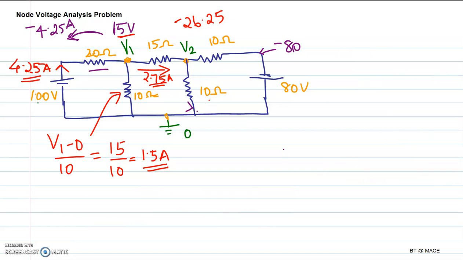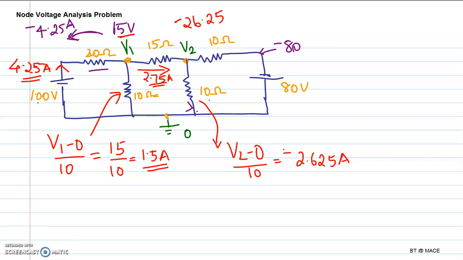Now we need to find the current through this 10 ohm resistance. So it is v2 minus 0 divided by 10. So it is minus 2.625 ampere. When it is v2 minus 0, it is moving out from v2 to the ground potential, but that current we have got as minus 2.625.